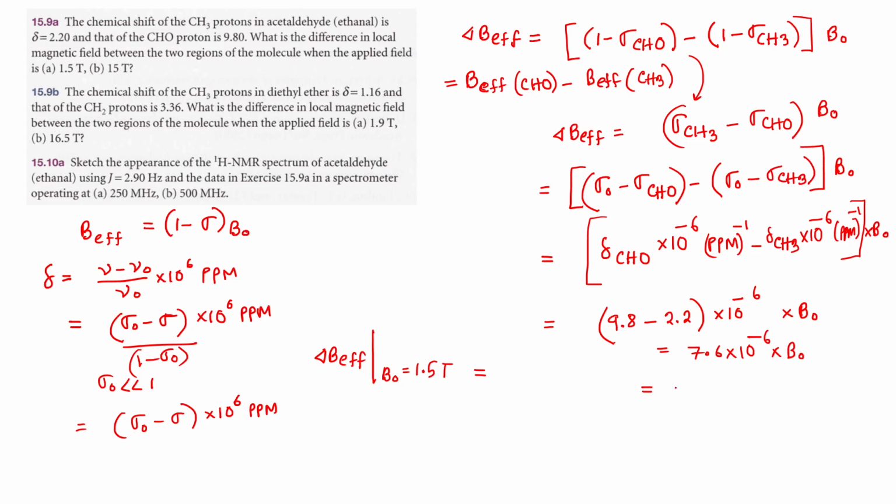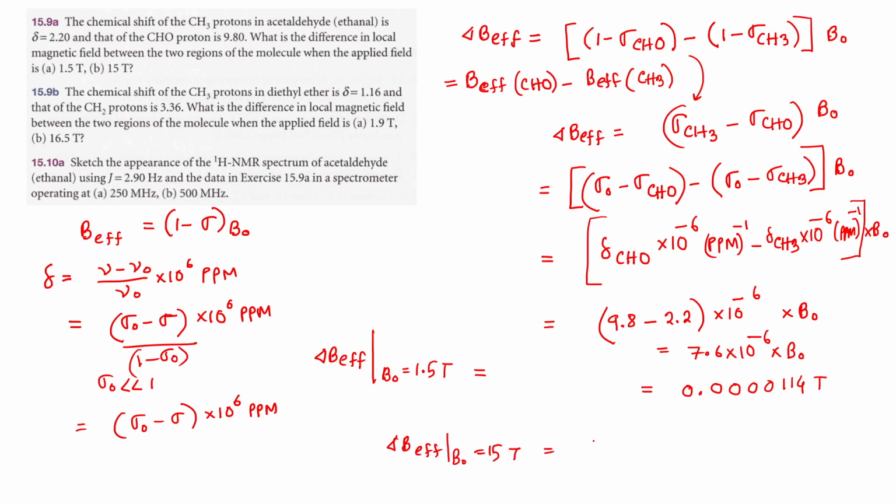That is actually very less. Obviously it is going to be very less, so the unit would be Tesla, and it is something around 0.00001114 Tesla.